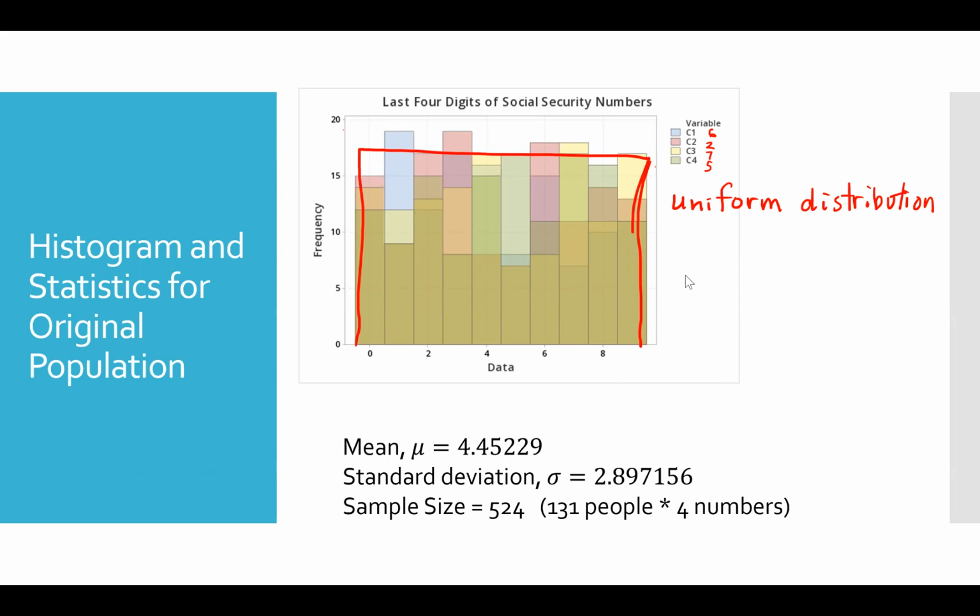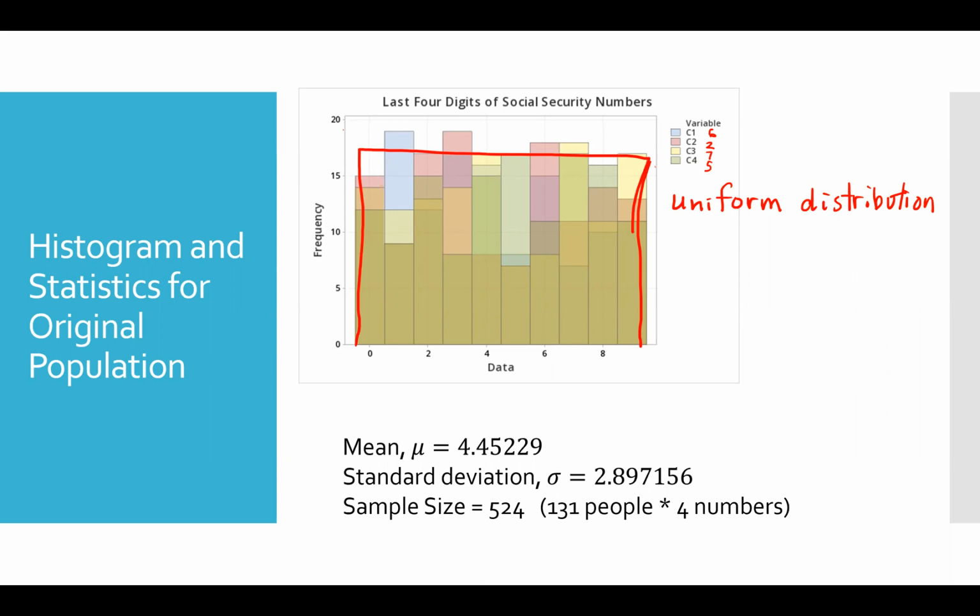If I add those 524 numbers together and divide by 524, my mean was 4.45229. And the standard deviation was 2.897156. I took all of those 524 numbers, put them into Minitab, and I created the histogram, and I calculated the mean and the standard deviation.